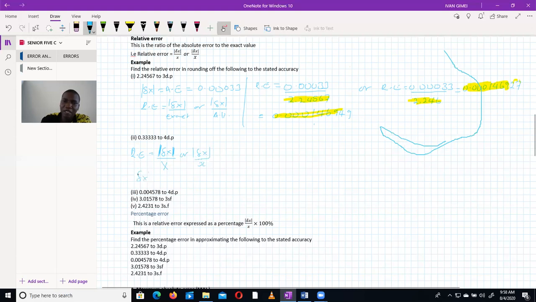We have absolute error, we got it as 0.00003, like that. That was our absolute error. So relative error will be the same as 0.00003 divided by the exact value. Exact value is 0.3333, like that.